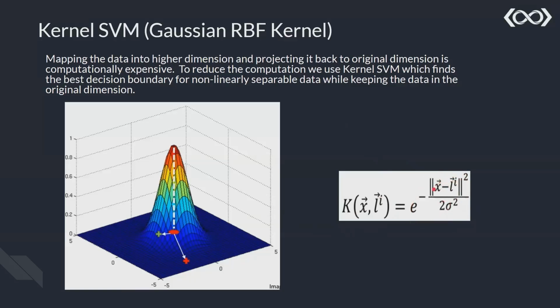As of now, for this red point x, it is coming out to be 0. But if I increase sigma, this whole value will decrease because x minus L is constant, and 1 upon e to the power something decreased will be greater than 0, right? If the original was 0, 1 upon e to the power something reduced will be greater than 0.